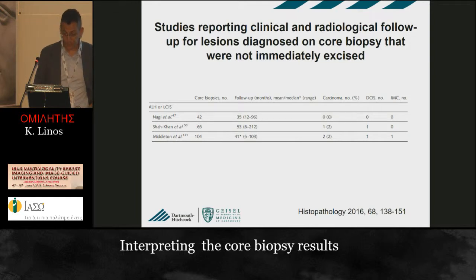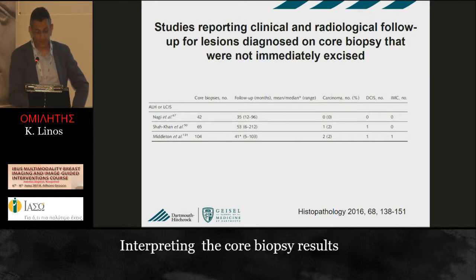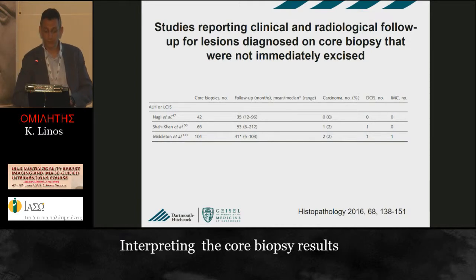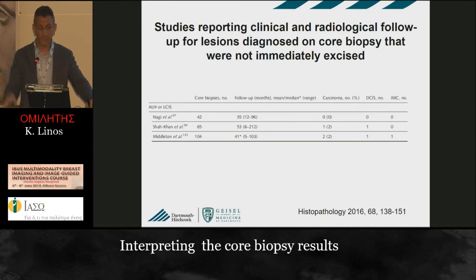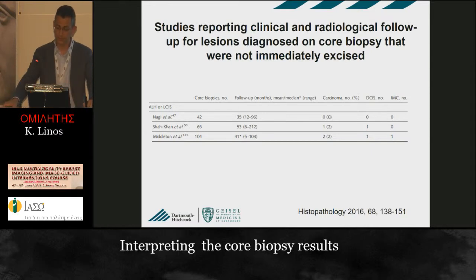So there are actually a few studies that reported on follow-up of patients who were diagnosed with ALH or LCIS on core needle biopsy, with very close clinical radiological follow-up to see what the chances are of progressing to carcinoma after 3-4 years.